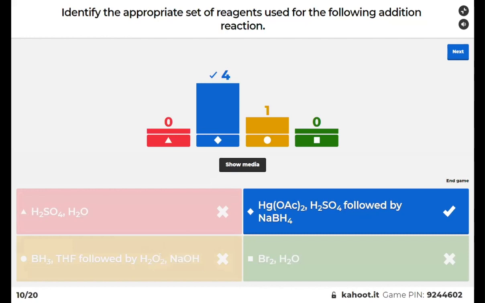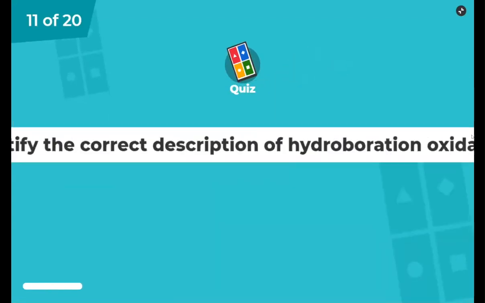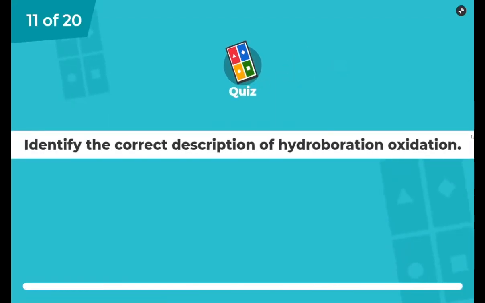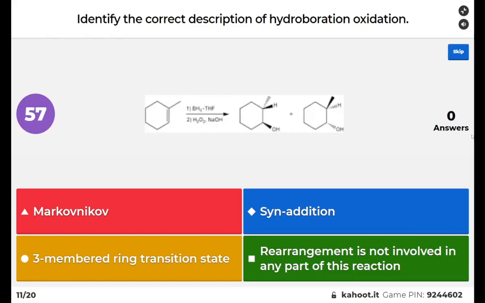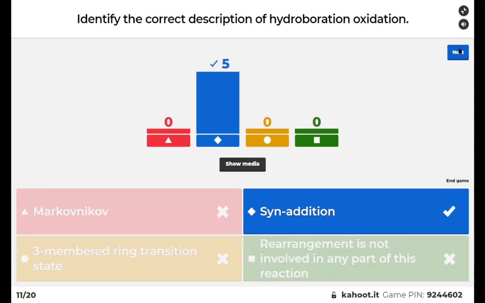This choice C will give us an anti-Markovnikov product. Any questions?